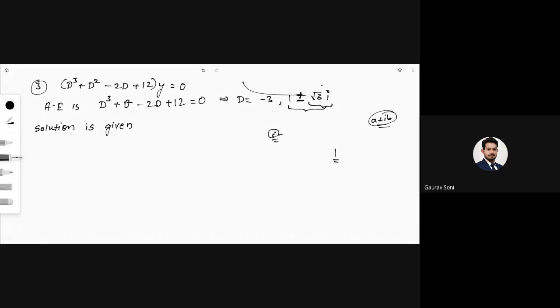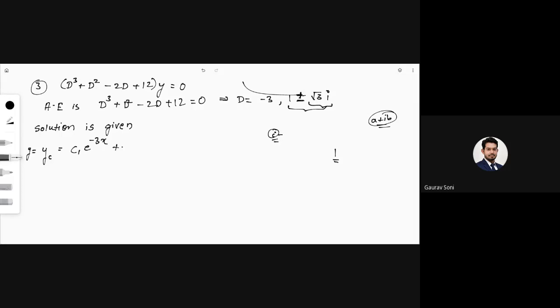So the roots are -3 and 1 plus minus root 3i. So yc, which is also equal to y, being homogeneous, for the real root is c1 e to the power -3x. This is real.